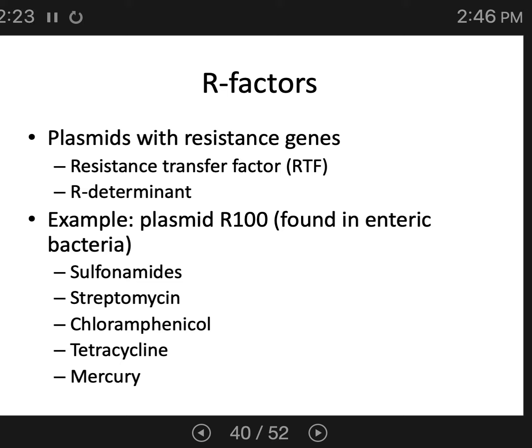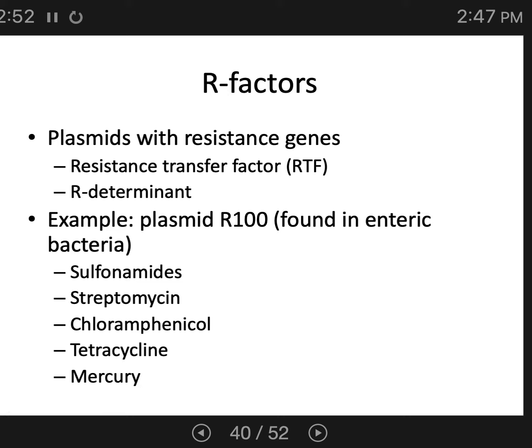This plasmid has resistance genes, or R determinants, that give the bacteria carrying this plasmid resistance to all these different kinds of antibiotics and also to heavy metals like mercury. So there are all of these different resistance genes encoded on this plasmid. Any bacteria that has this plasmid is going to be resistant to all of these things. This plasmid, like I said, gets moved through conjugation from bacteria to bacteria.